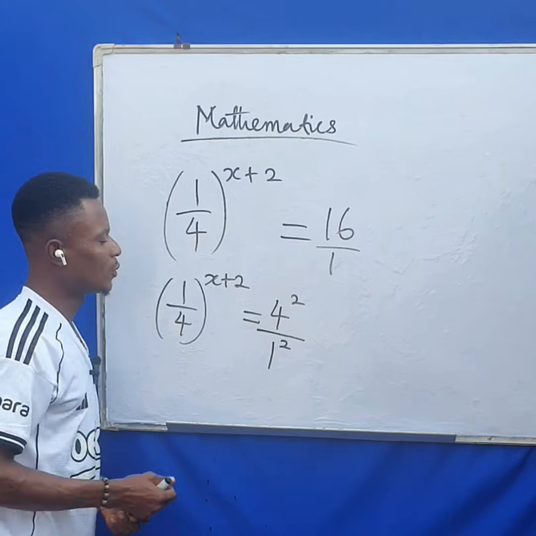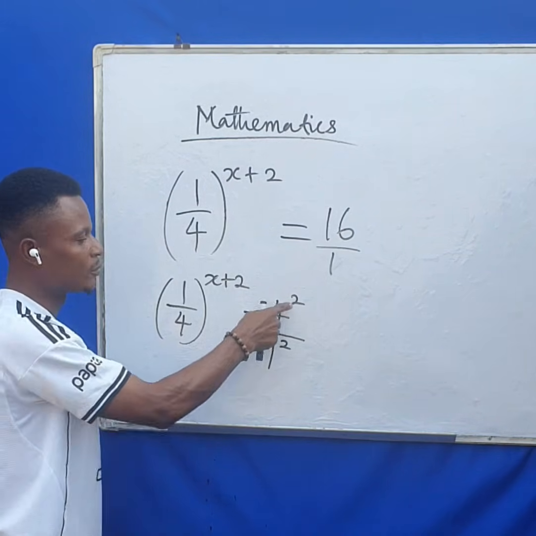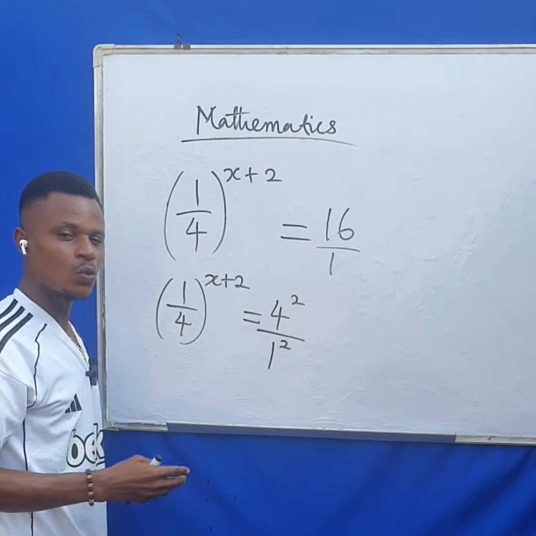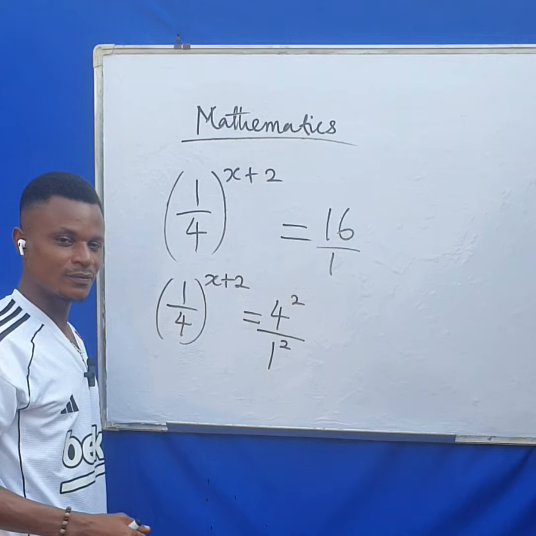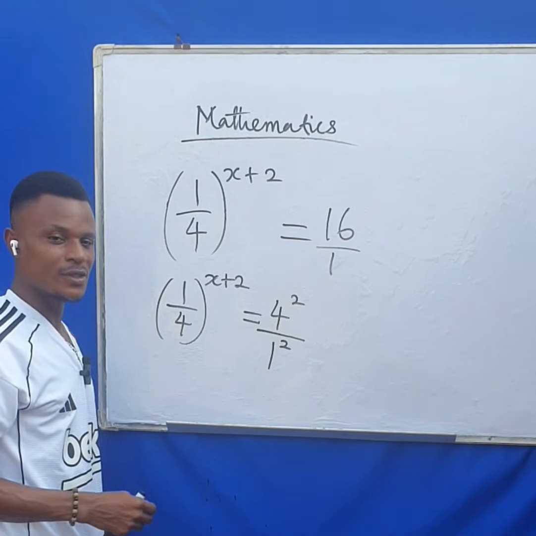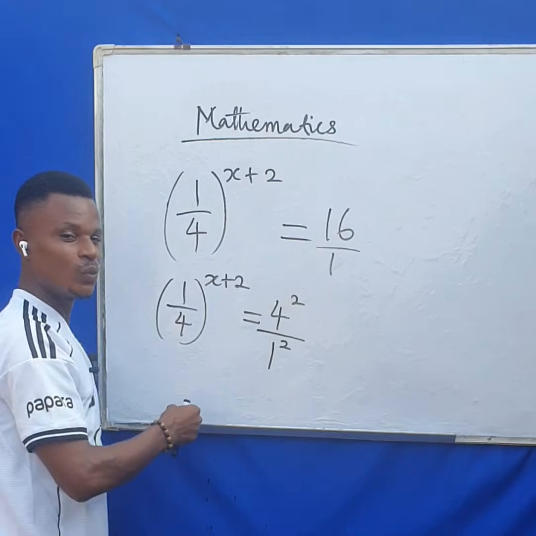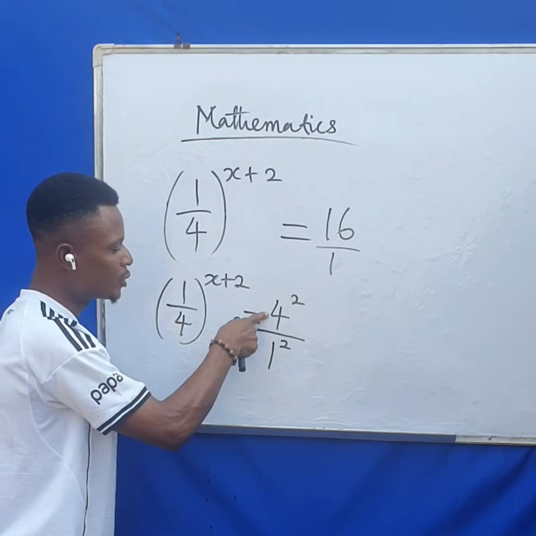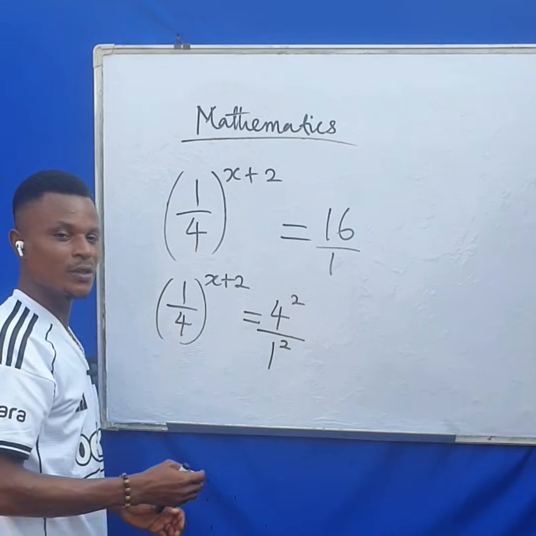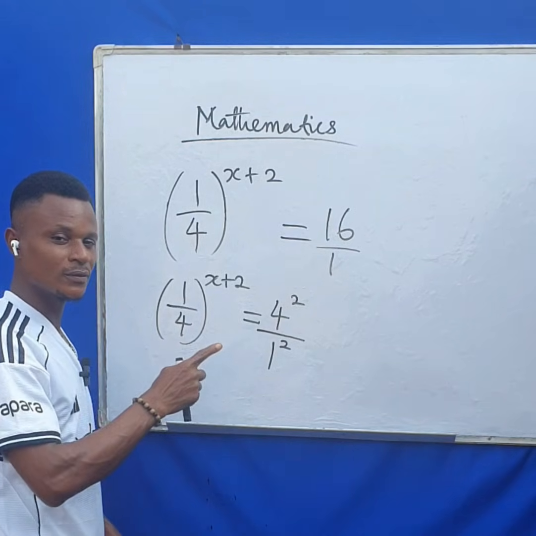All right. Now, if you look at the right-hand side, you can see that both the numerator and the denominator have the same power. Because they have the same power, we are going to apply something called the quotient power law of indices. And what does it state? According to the quotient power law of indices, anytime you have a fraction in which the numerator and the denominator are raised to the same power, we should simply rewrite the fraction in brackets and then raise it to the common power.